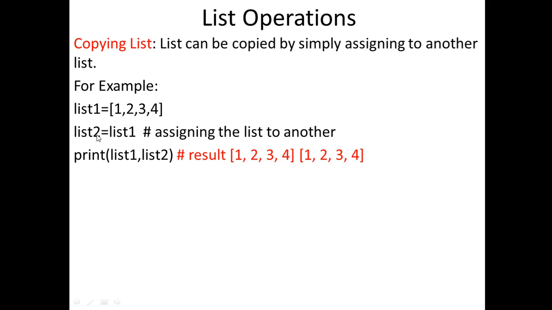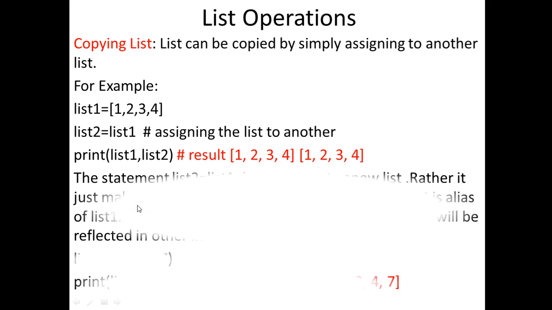So if you take the output for list 1 as well as list 2, you will get the same result, because the list items are copied into list 2. So 1, 2, 3, 4, 1, 2, 3, 4, because list 1 has 1, 2, 3, 4, and list 2 also has the same items. Okay.